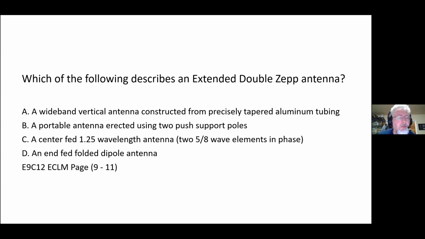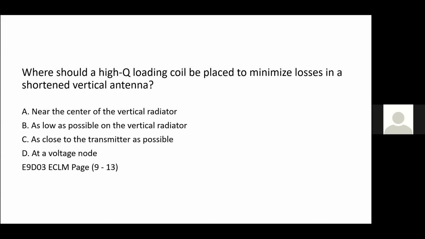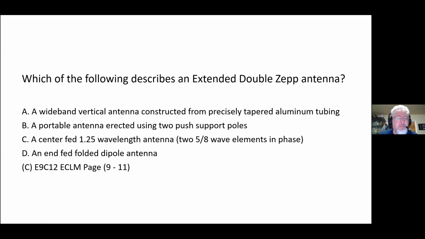Or D, an end-fed folded dipole antenna. Charlie. Charlie is correct. A center-fed 1.25 wavelength antenna, or 2 5/8 wave elements in phase. Center fed, sorry about that.